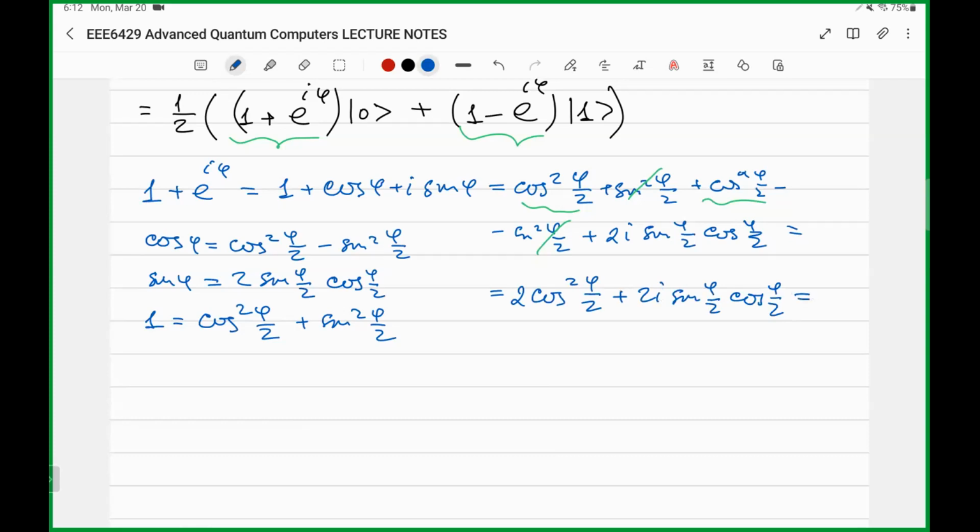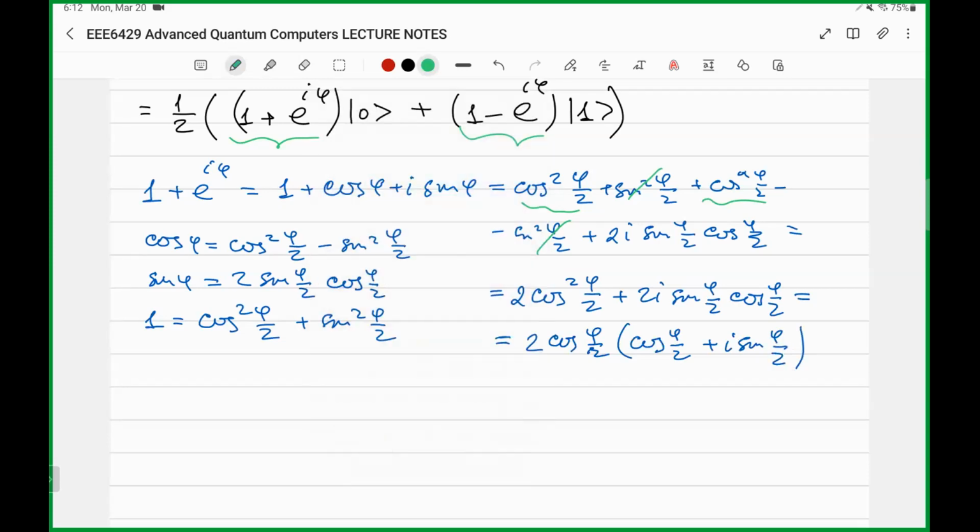So now I can factorize this by taking 2 cosine phi over 2 out from the parentheses, and here I get cosine phi over 2 plus i sine phi over 2.